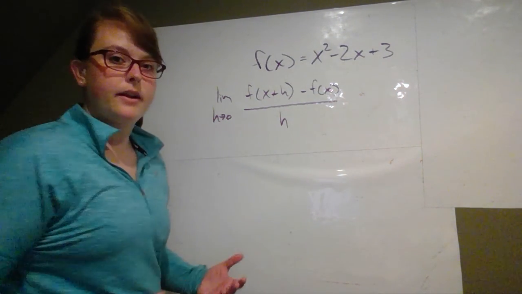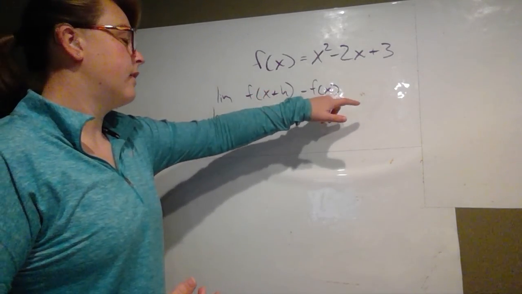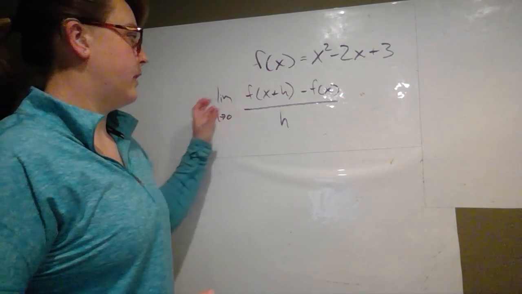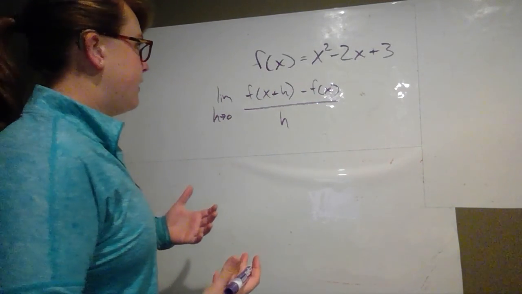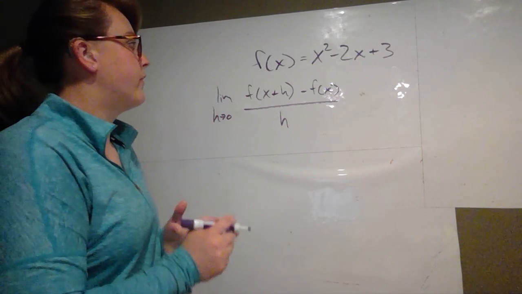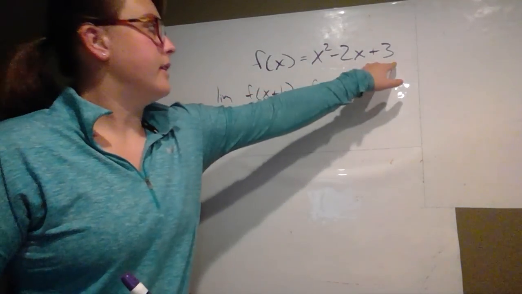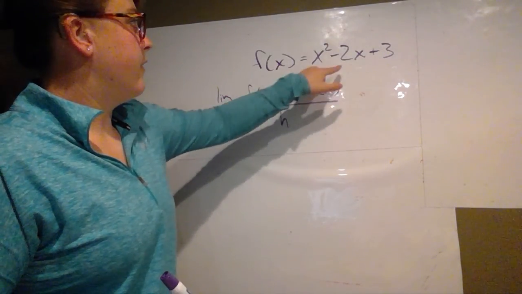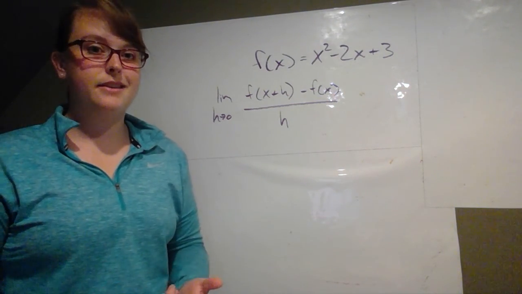So if I wanted to find it at just a particular x value, I would plug in my x value here and then solve through this limit. If I want to find the derivative for the whole function, if I want to find my new derivative function, I can just plug in x plus h to this and then plug in the function here and solve the limit the exact same way.